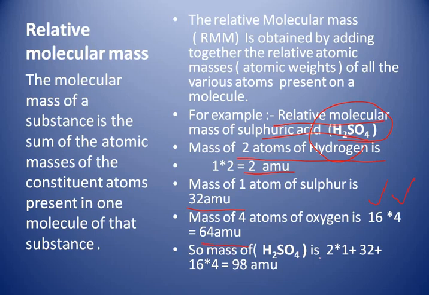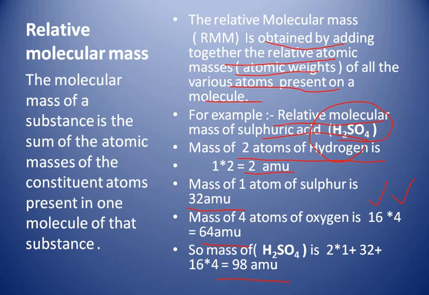So the mass of H2SO4 is 2 plus 32 plus 16 into 4, that is 64. The total mass is 98 AMU. So the relative molecular mass is obtained by adding together the relative atomic masses or atomic weights of all the various atoms present in a molecule.